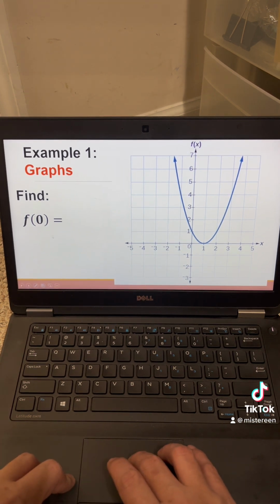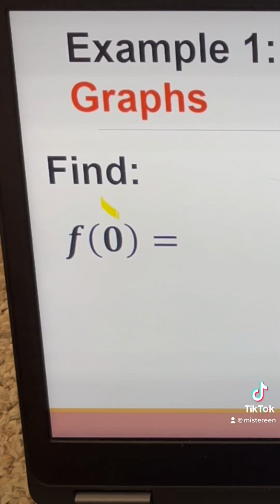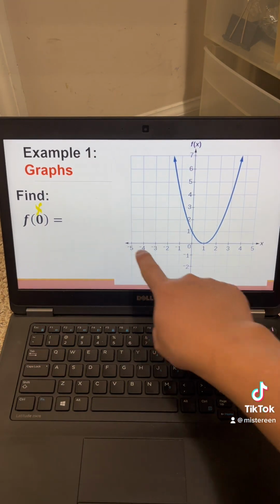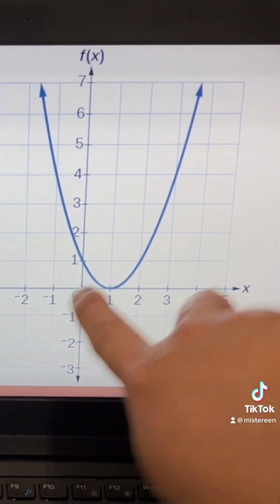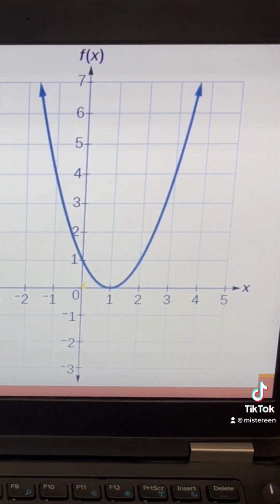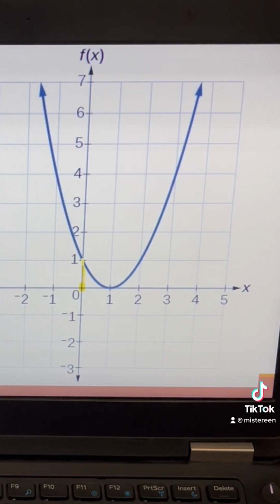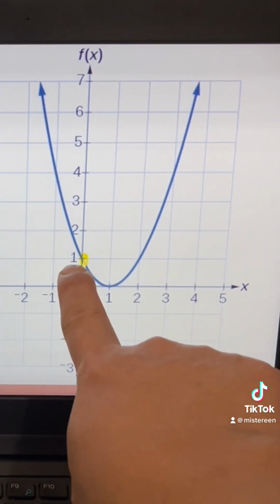Next, we have f of 0. If you have f of 0, it means that the value of x is 0. So we go to the graph, look at the x-axis, and go to the number 0. Since the graph is on the upper part, we go up until it touches the graph, and the value of y is 1.